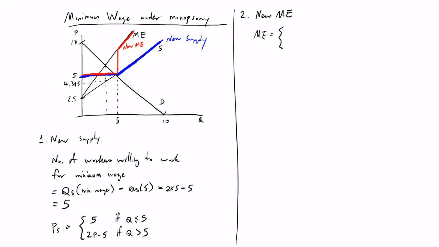What about the part that is not diagonal? As you can see from the diagram, the red line is exactly the same as the blue line, so this part is exactly the same. Remember, marginal expenditure tells you how much more money you're paying to hire one more worker. And in the minimum wage case, each additional worker costs you the minimum wage. So that's exactly what's happening now.